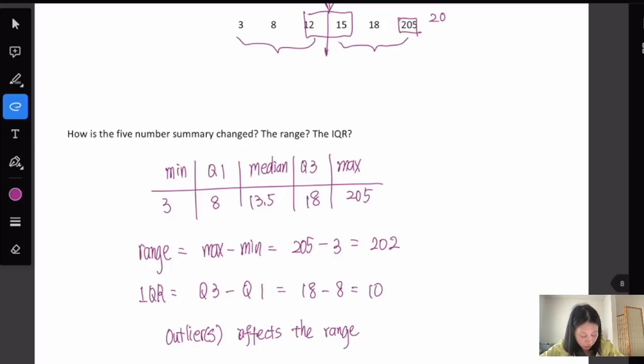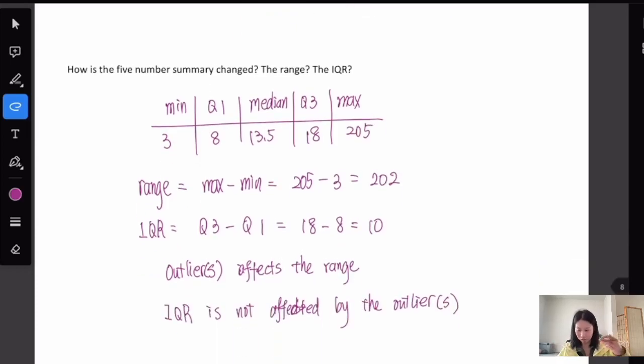However, the interquartile range is not affected by the outlier or outliers. And in the five number summary, the first three, the minimum, Q1, median, and Q3, remain the same. Only the maximum was changed by the outlier.